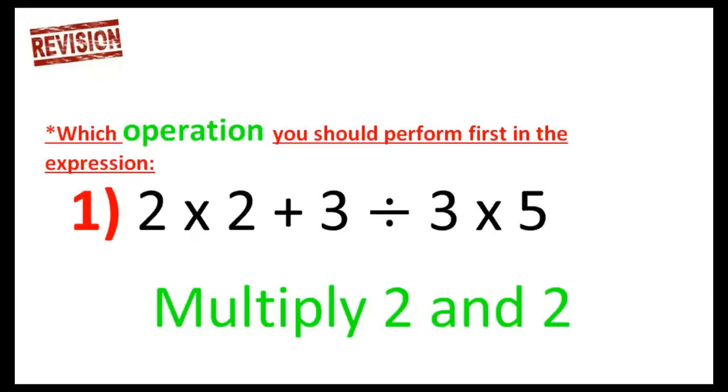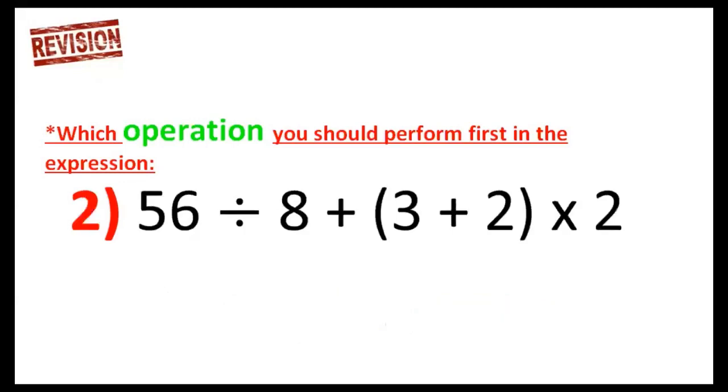Let's see question number 2. Also, which operation should you perform first in the expression 56 divided by 8 plus 3 plus 2 between brackets multiplied by 2? We said if we have brackets inside the statement, we have to finalize them first.